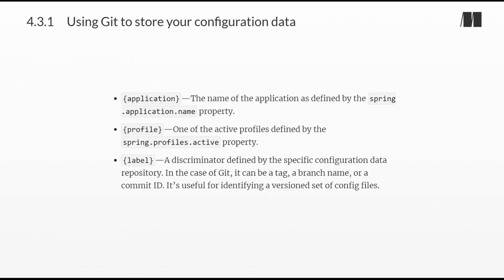Profile. One of the active profiles defined by the spring.profiles.active property. Label. A discriminator defined by the specific configuration data repository. In the case of Git, it can be a tag, a branch name, or a commit ID. It's useful for identifying a versioned set of config files.